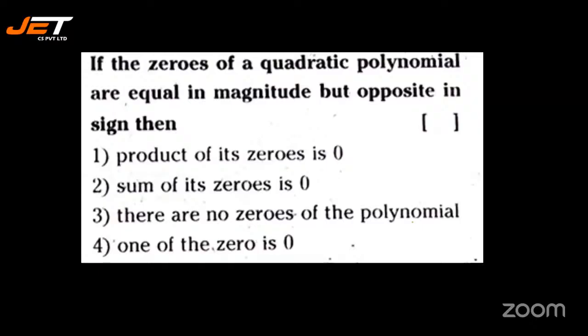I repeat the question. If the zeros of a quadratic polynomial are equal in magnitude but opposite in sign, then product of its zeros is 0, sum of its zeros is 0, there are no zeros of the polynomial, or one of the zero is 0.